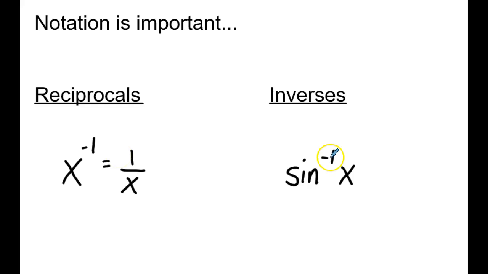We also use that negative 1 exponent power when denoting the inverse to a function. So right now that negative 1 on the right side, that is applied to the function for sine. It is not applied to the variable, so we would not rewrite this as 1 over sine x. This denotes that this is the inverse function for sine of x.